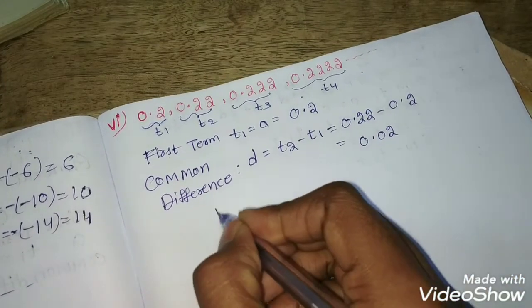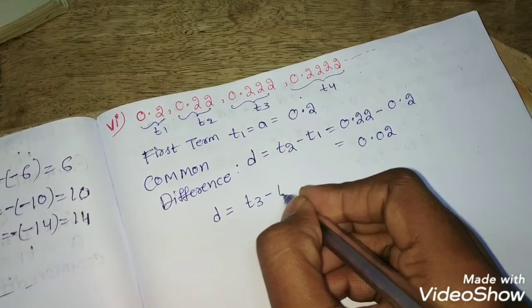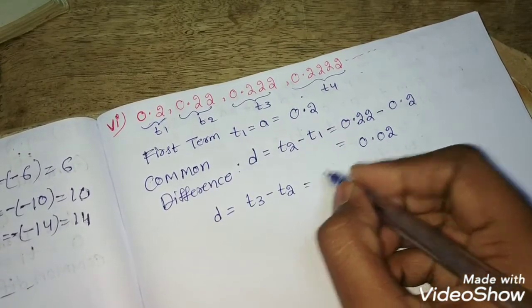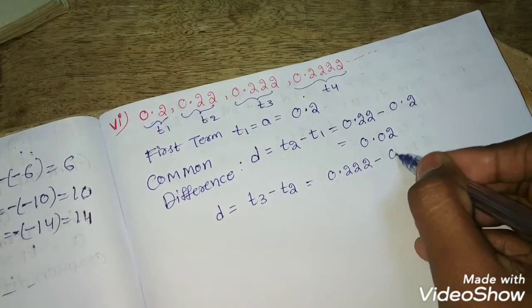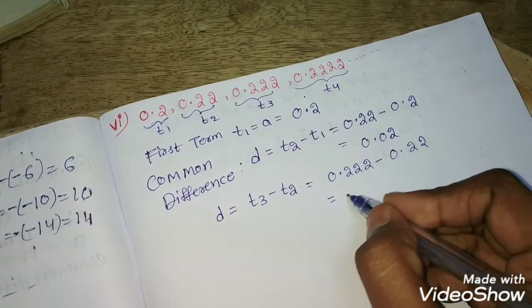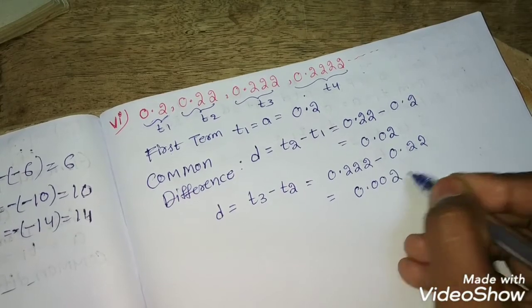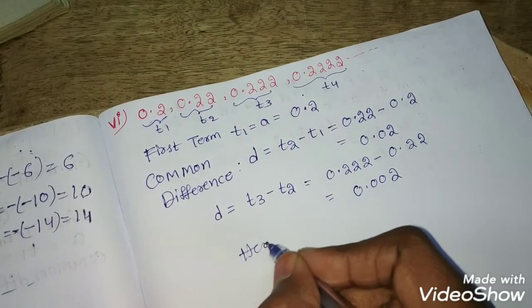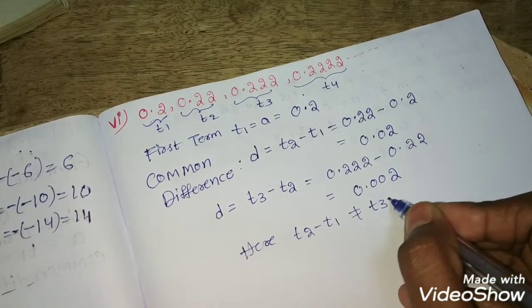Let's check another. d is equal to t3 minus t2. What is t3? 0.222 minus 0.22, we get 0.002. See, here t2 minus t1 is not equal to t3 minus t2.